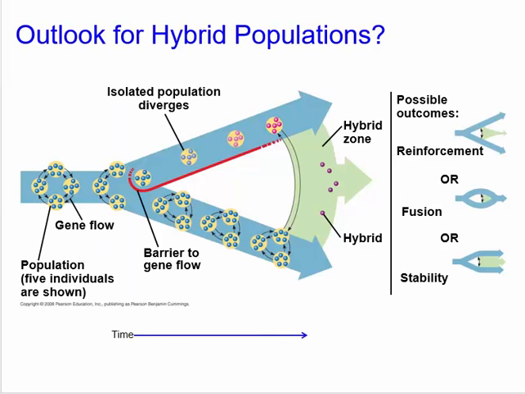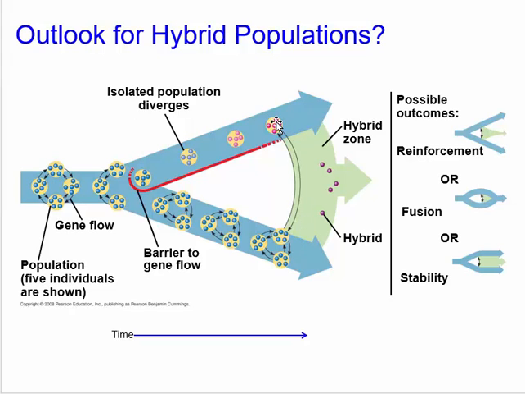All right, so what can happen when hybridization occurs? There's three possible outcomes. And well, let's set it up first. So imagine we've got four populations here. There's gene flow amongst them. Then some barrier to gene flow occurs, say, with this particular population of organisms, and we see divergence over time, but not so much that they can't interbreed anymore.